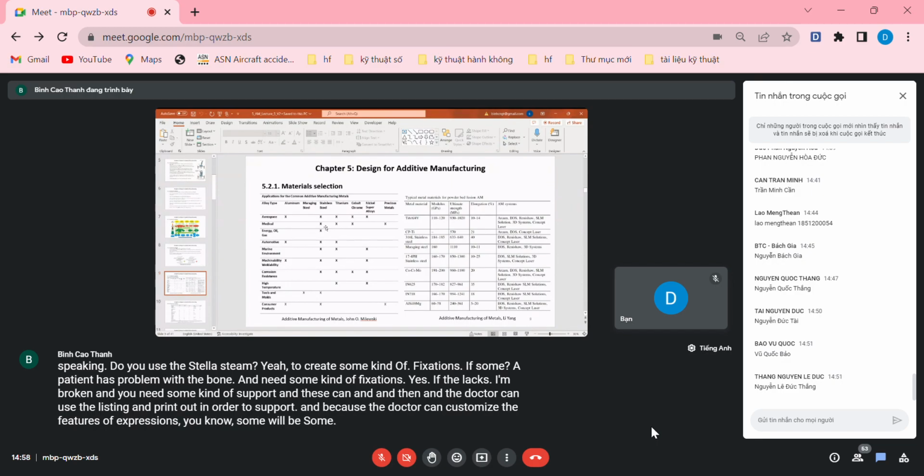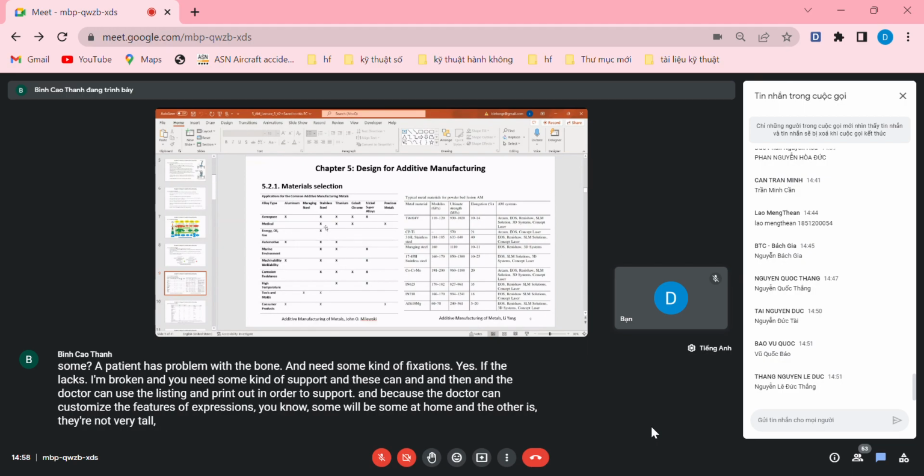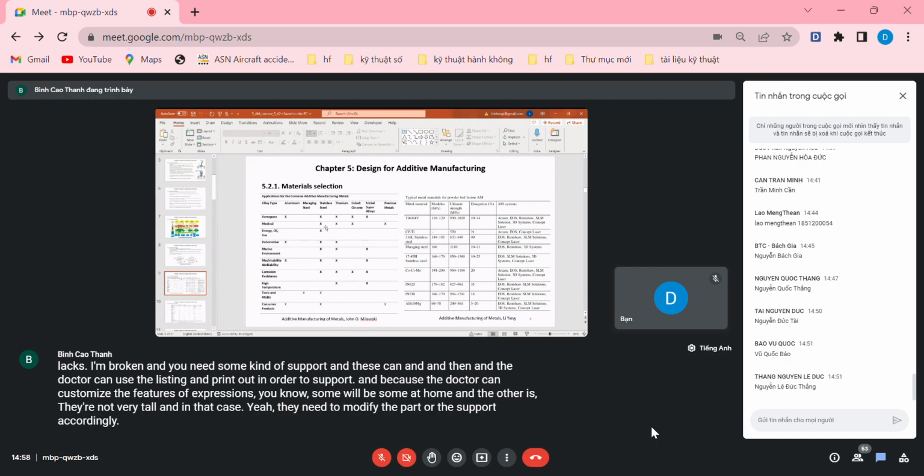Some are tall and others are not very tall, so they need to modify the part or the support individually.